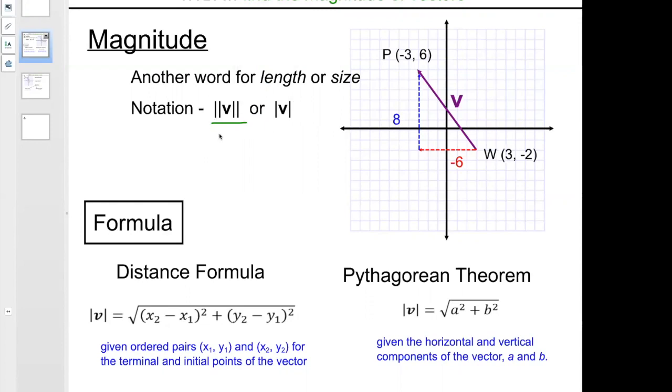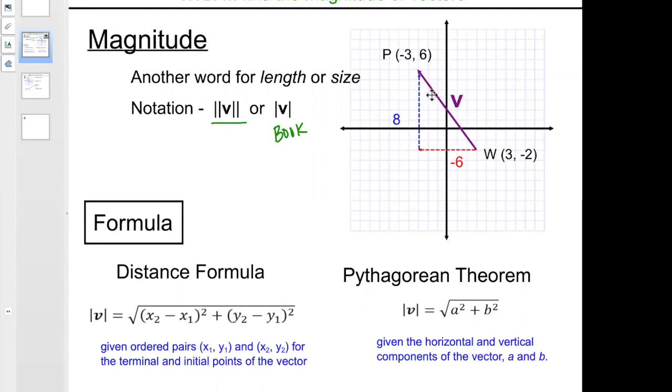I'm partial to the double bar, but if you're looking in your textbook for extra help, you'll often see the single bar version. Moving forward in math, you may see either.